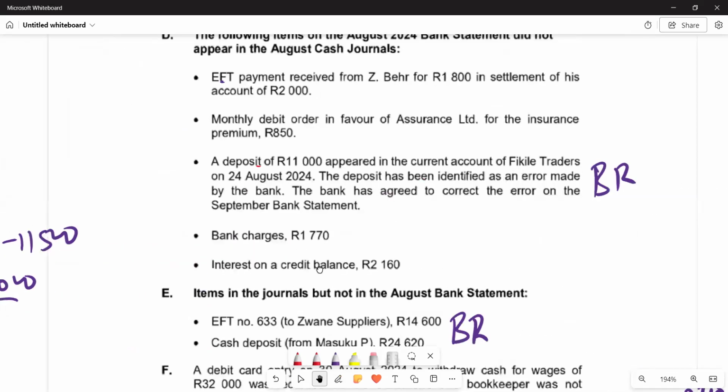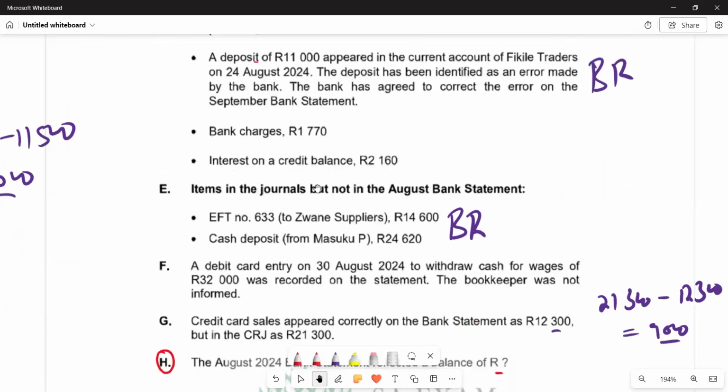If you go to item E, it is saying items in the journal but not on the August bank statement. We have an EFT number 633 to Husqvarna Suppliers, which is 14,600. This one we are supposed to subtract as a payment. Remember, it's an EFT to Husqvarna Suppliers. So we effected an EFT.